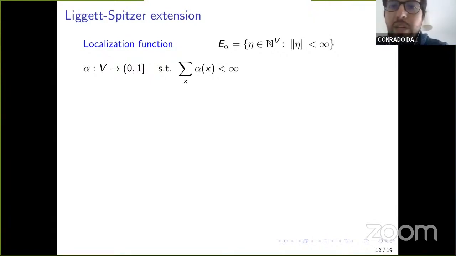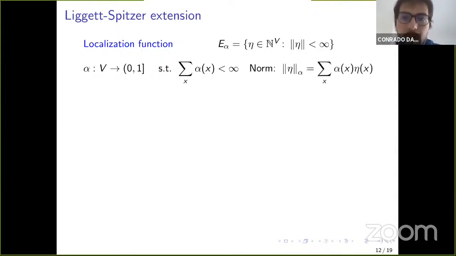Very good, but it's not entirely satisfying yet, because every configuration will be perturbed. A particular configuration eventually gets undisturbed by the truncation as we let the truncation go to infinity. But every point in our construction will eventually face this truncation, and that's a little artificial. So to go beyond that, to go to a space where we allow for more configurations, we consider the space E_alpha, which is based on the alpha norm. That's taken from a paper from Liggett and Spitzer.